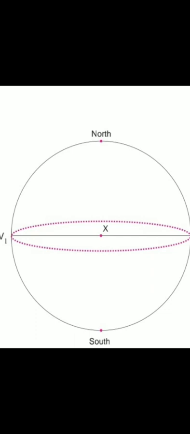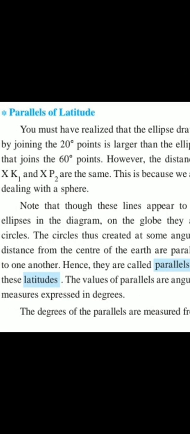So, understood students? First, the equator is considered the 0 degree parallel. Then it is the largest parallel and a great circle. The angular distance of other parallels towards north and south goes on increasing. Goes on increasing means getting higher and higher away from the equator.